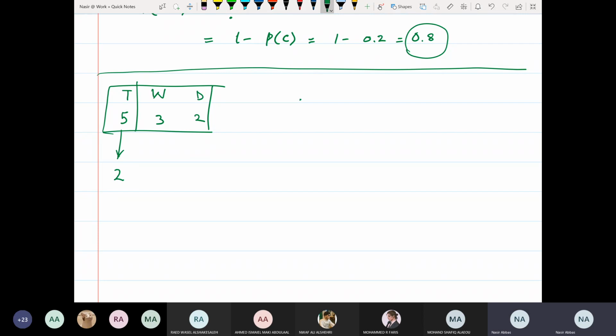Now, what are the possible outcomes? What will be my sample space? My sample space is not going to be W1, W2, W3, D1, D2, because now I'm going to pick 2 of them. I can have both working, I can have both defective, I can have one working and one defective. I can have first working and second defective, or second working and first defective. So I can have a number of possibilities here.